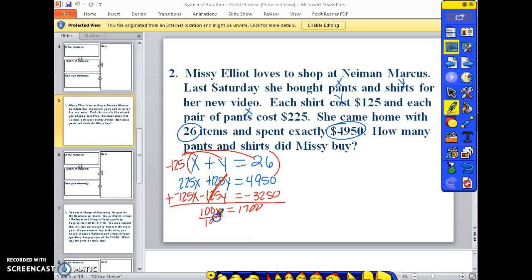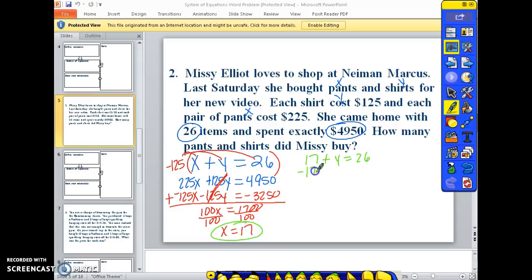Divide by 100 on both sides. And she bought 17 pairs of pants. When we plug that back in to one of the equations, it doesn't matter which one.